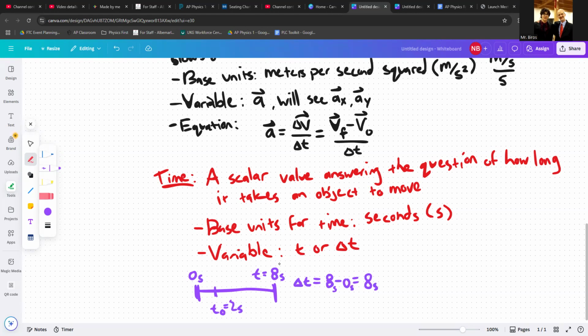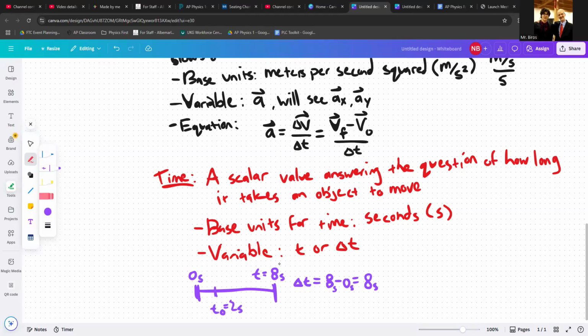But whether you see t or delta t, really what we're doing in every equation involving kinematics and looking at what's happening in some window of time is we're looking at that change in time, right? It's how long is it from the starting point to the ending point? That's our change in time that we're going to be using in the equation.